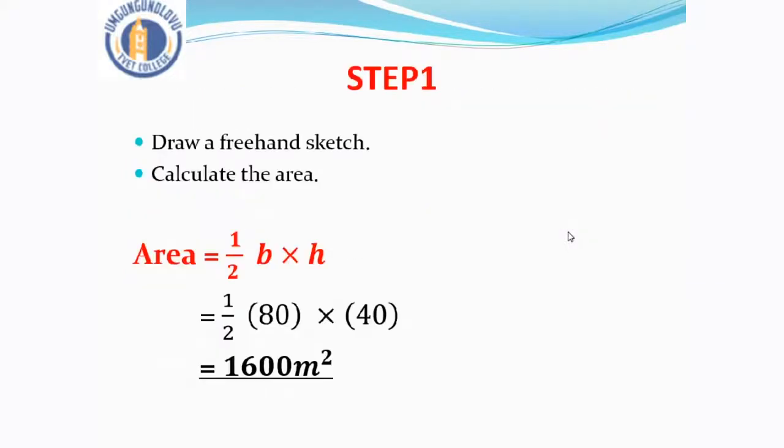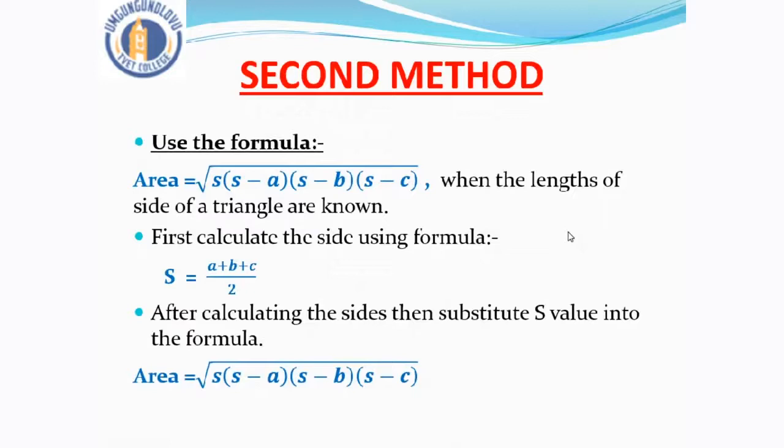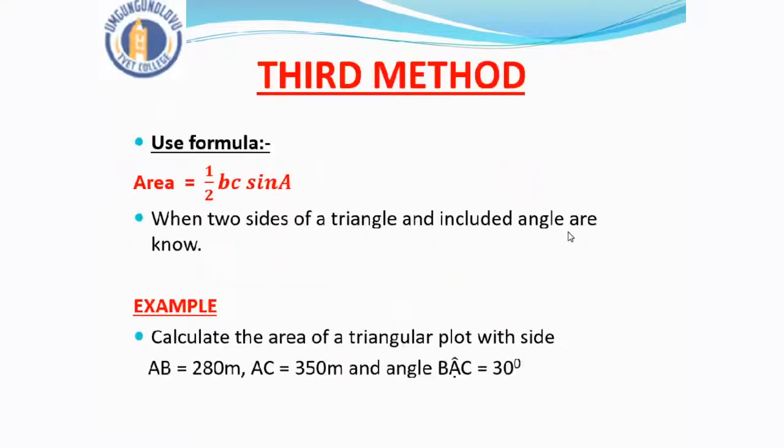let us quickly go to the third method. I think this formula confused most of the students, but here on BC, you times the two sides that they give you, the two sides that include the angle that you are given.